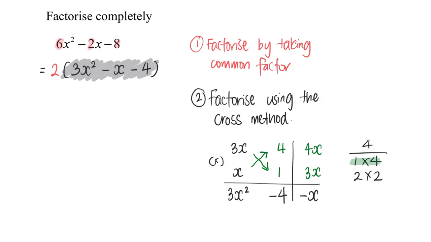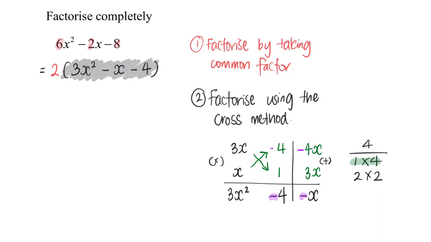And I saw the negative sign, meaning one of them is negative. And this is negative. Negative 4 plus 3x is negative 1x.